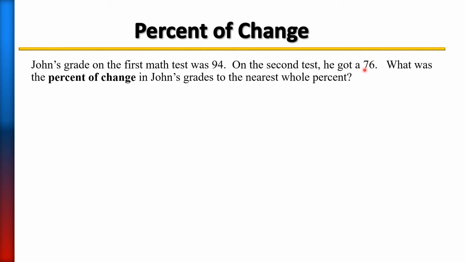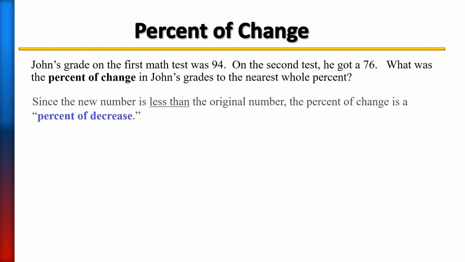So it went down. Whenever the new number is less than the original number, it indicates there was a decrease. So now we just need to find that percent of decrease, and recall the formula is the difference between the two numbers on top, and the original number on the bottom.